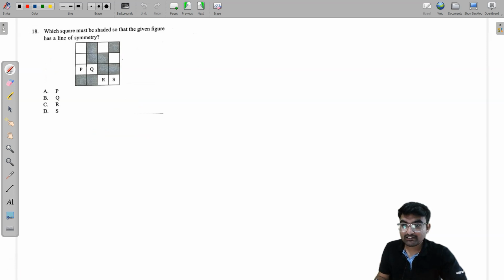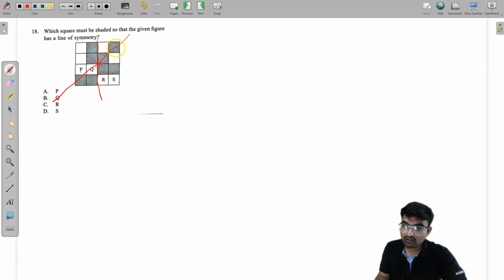Question number 18. Which square must be shaded so that the given figure has a line of symmetry? Now there are 4 options, P, Q, R and S. If I try to draw symmetry like this, then I have to shade more than one part, right? So this is not the correct line. Let's try from here.